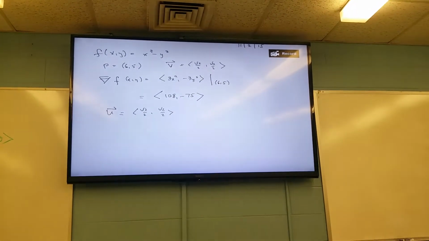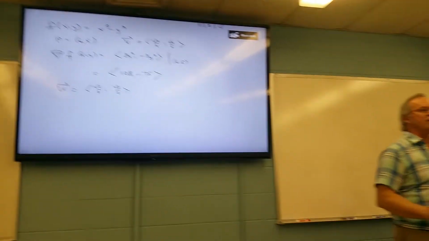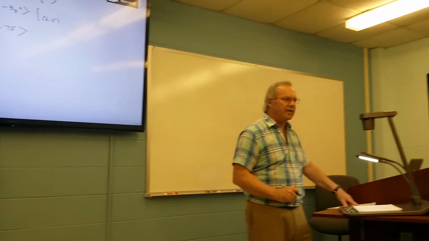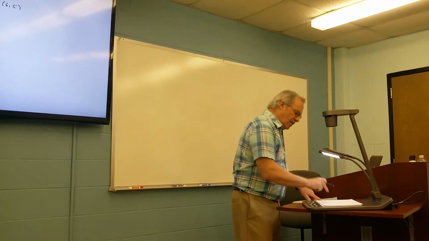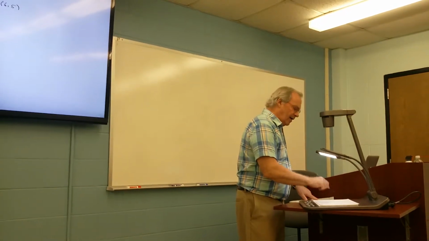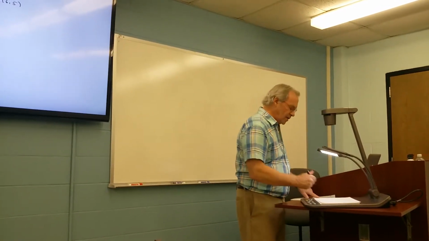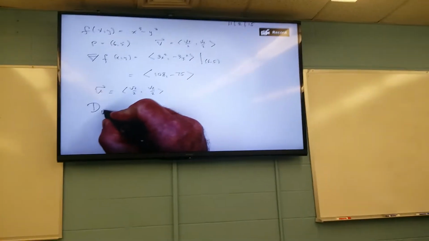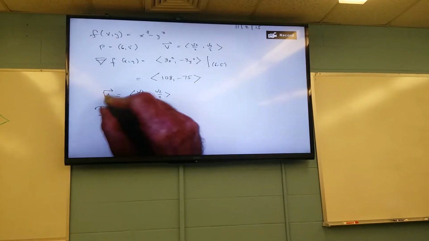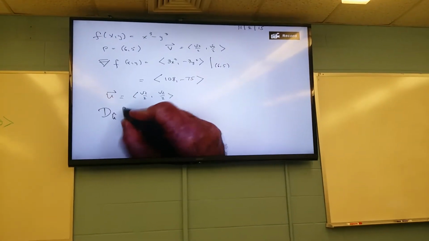So we've got a unit vector, and what we want to find is the directional derivative in this direction of this surface at that point. v is a unit vector.